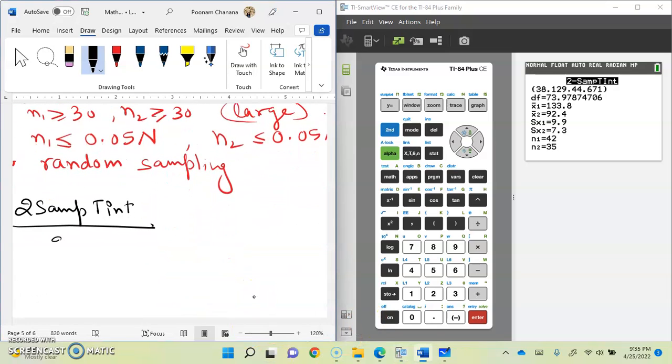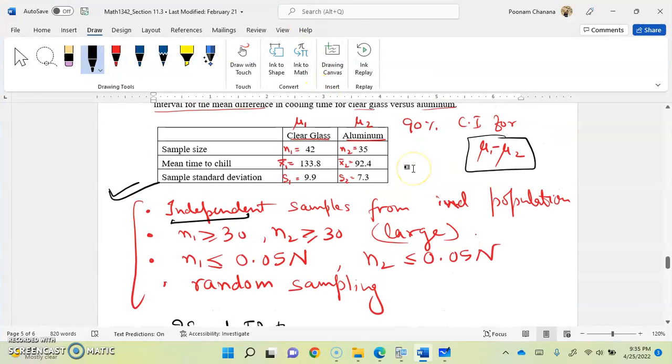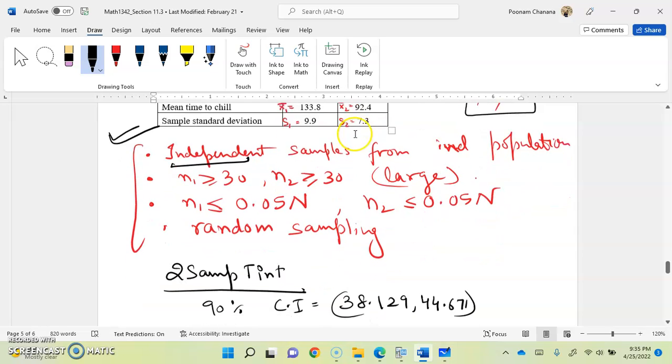So your 90% confidence interval is 38.129 to 44.671. What does it mean? This is the confidence interval for mu1 minus mu2. Mu1 is for glass and mu2 is for aluminium.